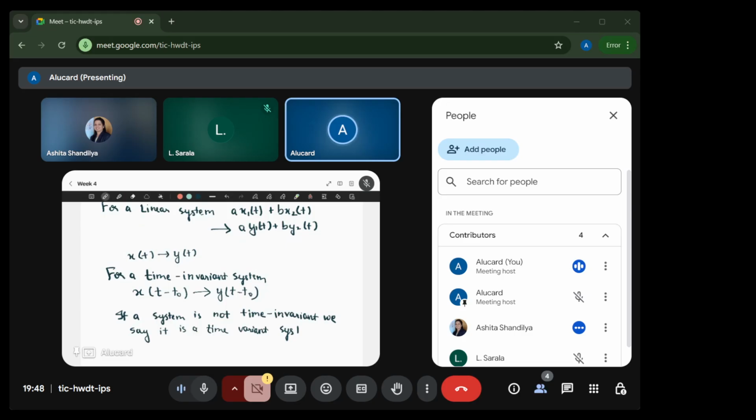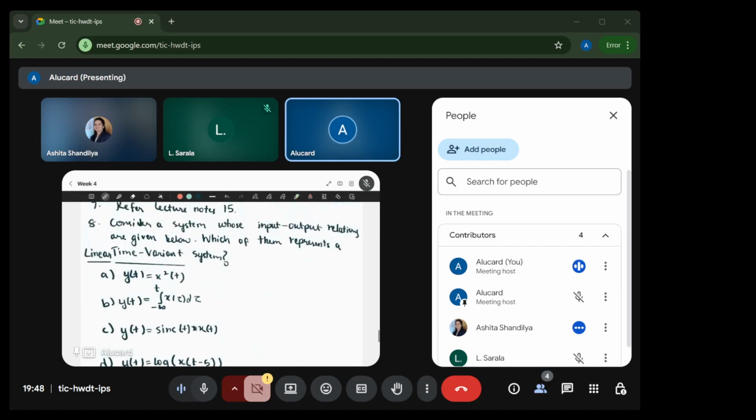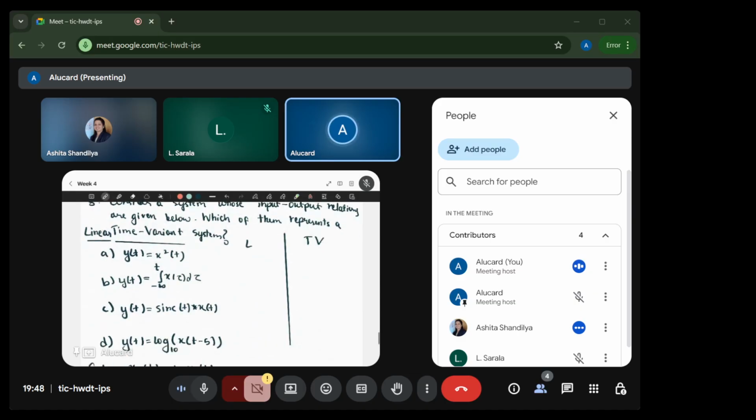This is from your linear signals and systems course, so I won't go into too much detail about that. So here I'll just make a table that says whether the system is linear and if it's time variant.